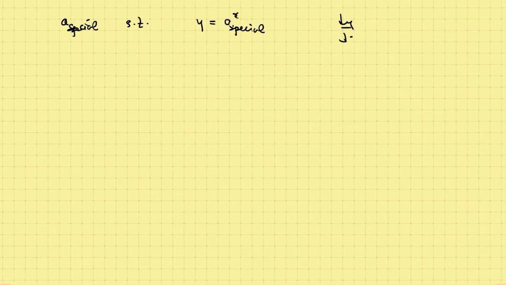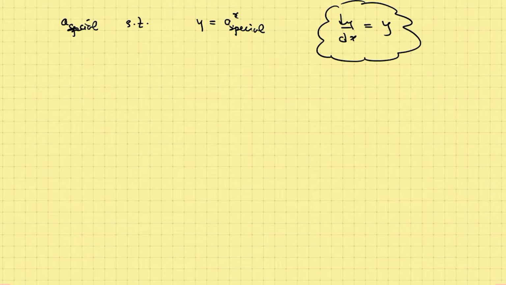It's got to satisfy dy/dx = y. I'm going to put that in a bubble. So in this case, I know what my y is. My y is precisely a_special^x. So hey presto, we've managed to work out our derivative.